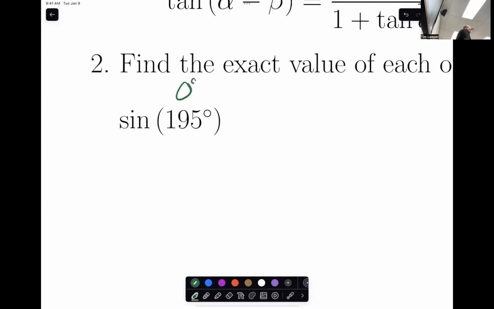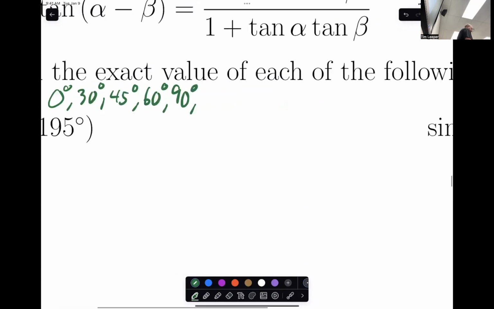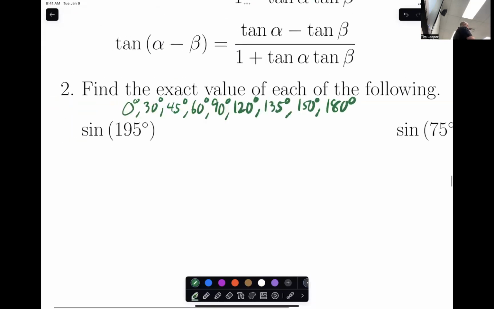Starting out with the hard one, 0 degrees. There you go. You're welcome. What else are there? 30 degrees, 45 degrees, 60 degrees, 90 degrees, 120 degrees, 135 degrees, 150 degrees, 180 degrees, and of course keep going from there.